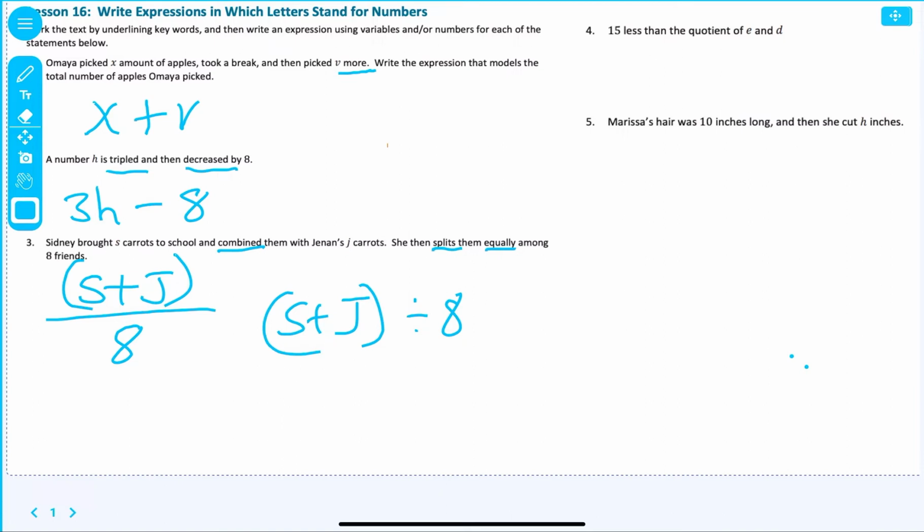Okay? Now, 4 says 15 less than the quotient of E and D. What's some key word? Less than. Quotient. Okay? So how are we going to write this? Go on. How are we going to write that?